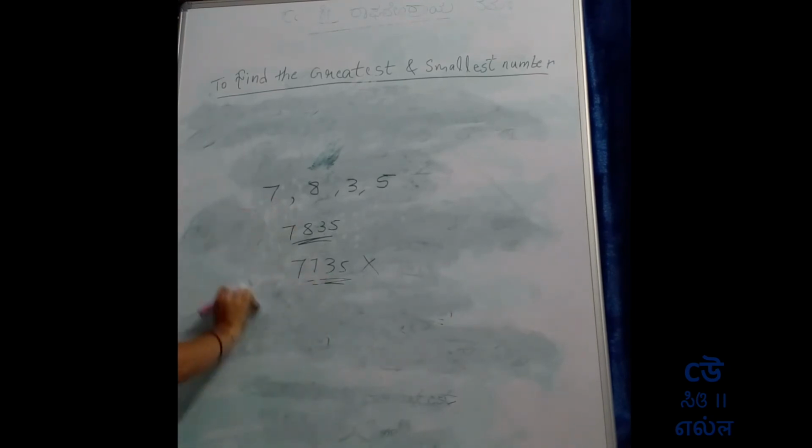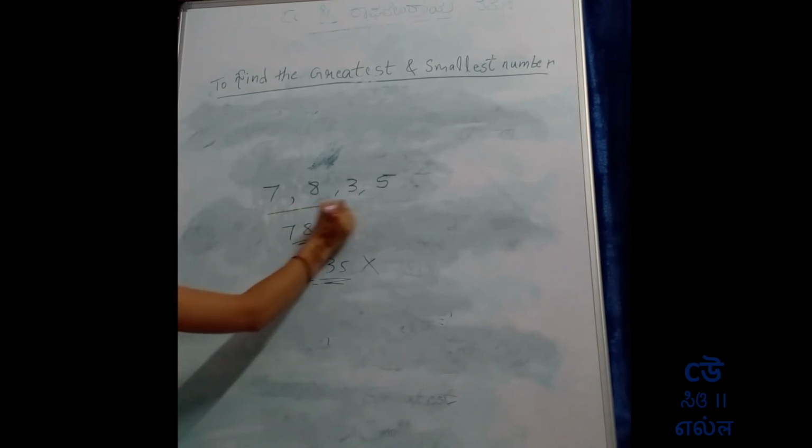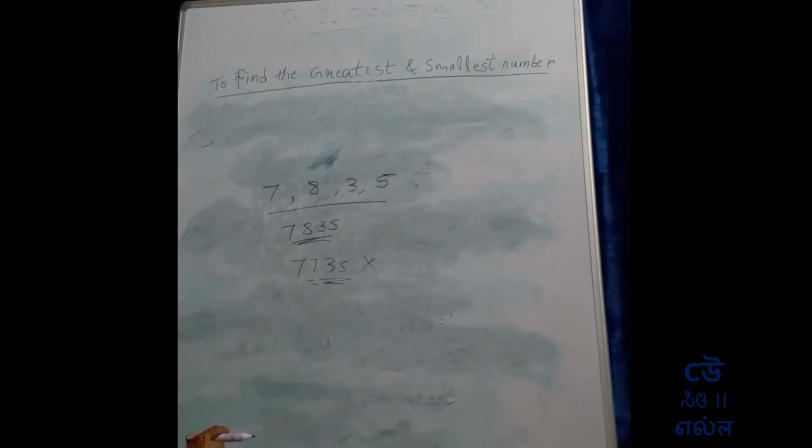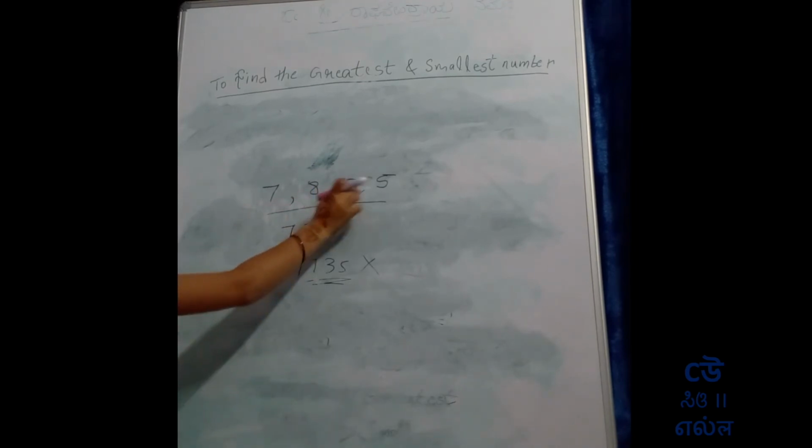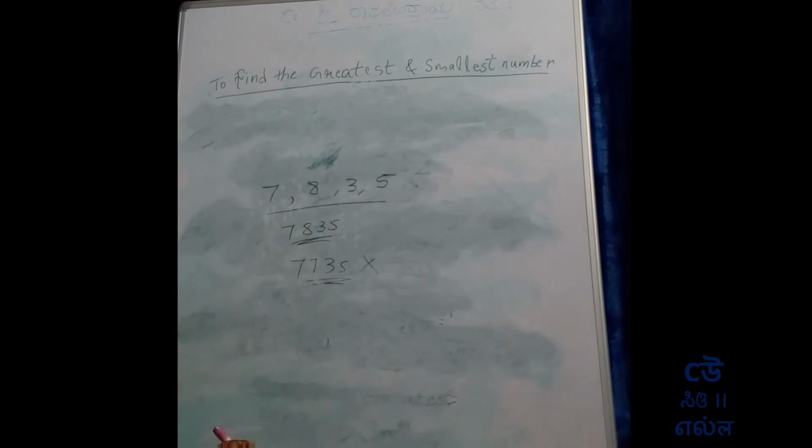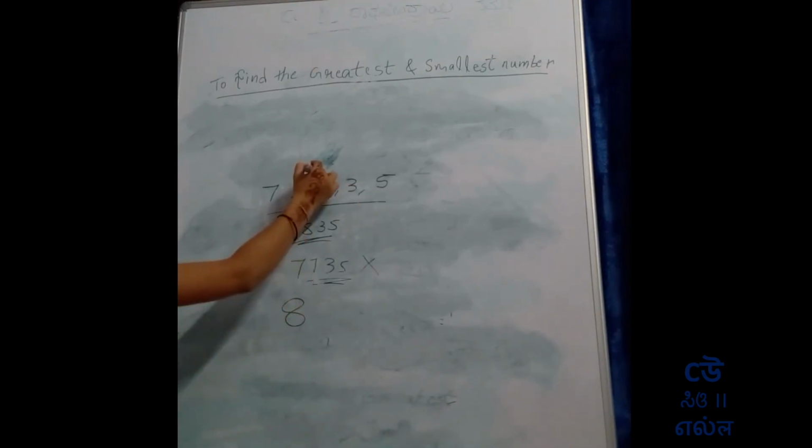So in these numbers, you have to find the greatest number. See, in these 4 digits, which is the greatest number we have? 8. 8 is the greatest among all these 4. So next, this is done.